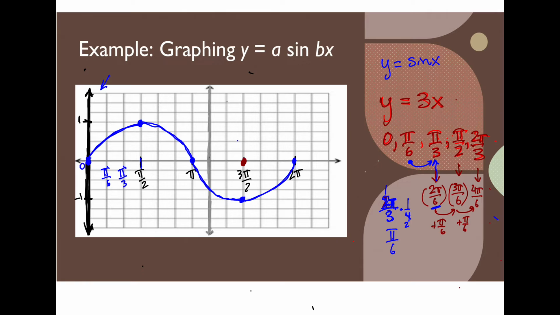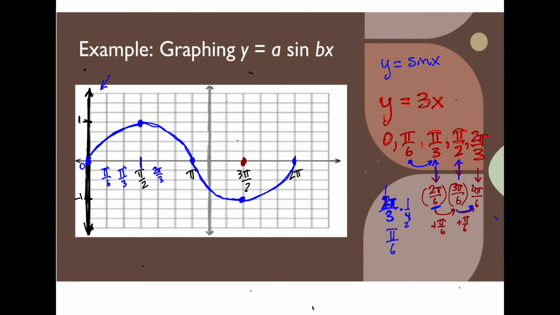And then we had 3 pi over 6. So I added another pi over 6. That gave me 3 pi over 6, which reduces down to pi over 2. And then I added another pi over 6, which gave me 4 pi over 6, which is 2 pi over 3. And 2 pi over 3 then is my another one here. So this happened at 120 degrees.